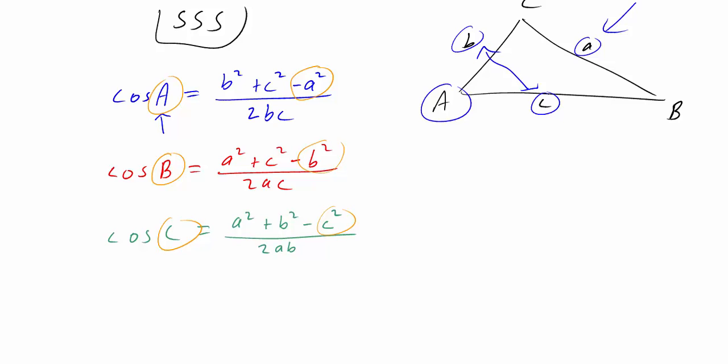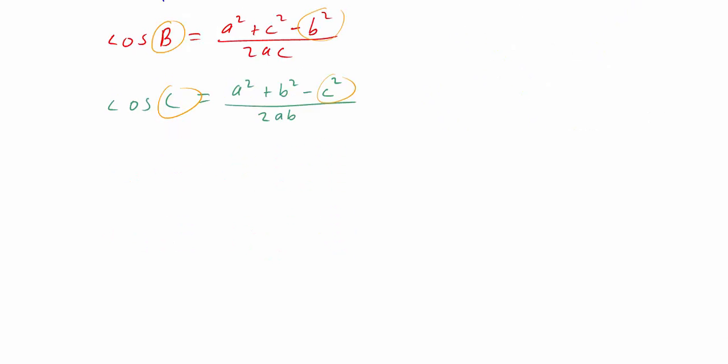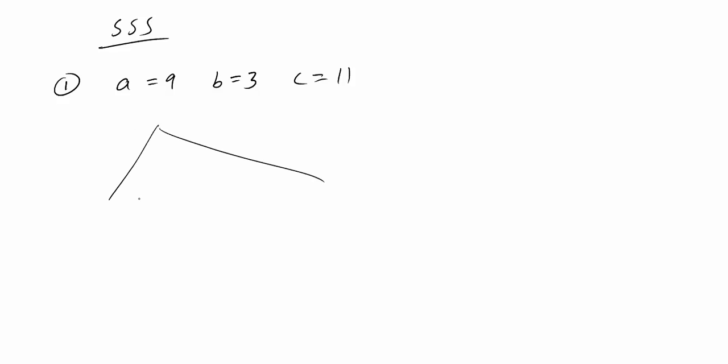So here's an example. We're given a triangle where we know all three sides, side, side, side. A equals 9, b is equal to 3, and c is equal to 11. We sketch our triangle with A, B, C. Once again, this isn't drawn to scale.